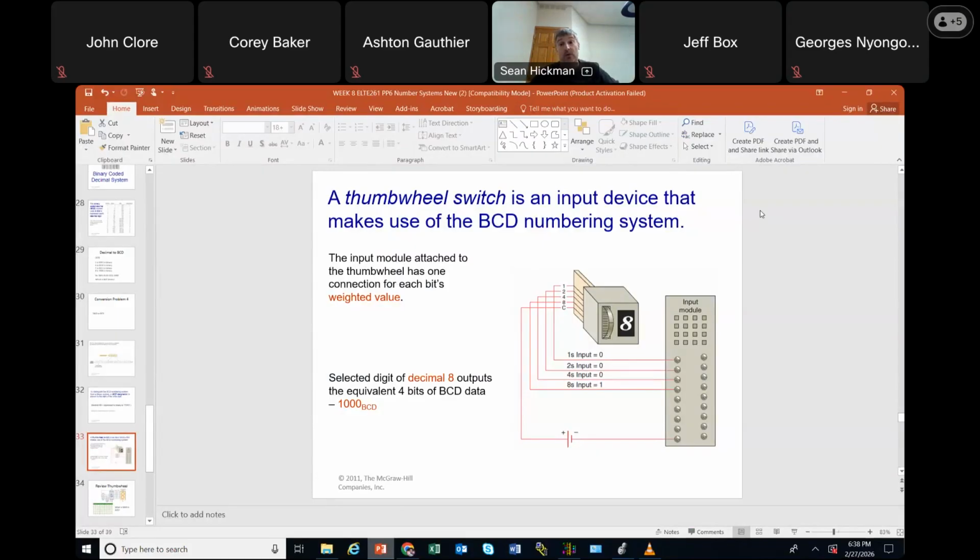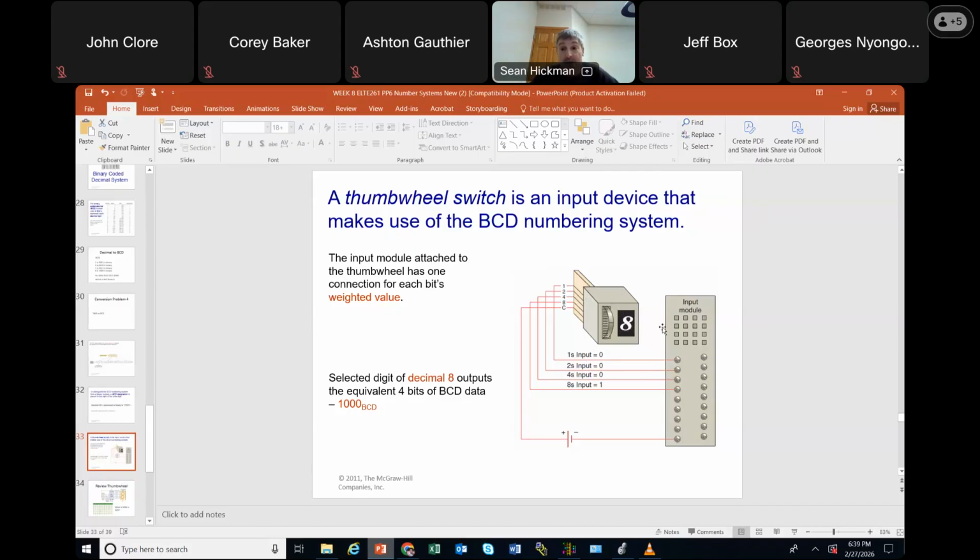And so what you could do is bring in the number using that thumb wheel. When you click the number right here, it is wired into the input module, into the first 4 inputs.